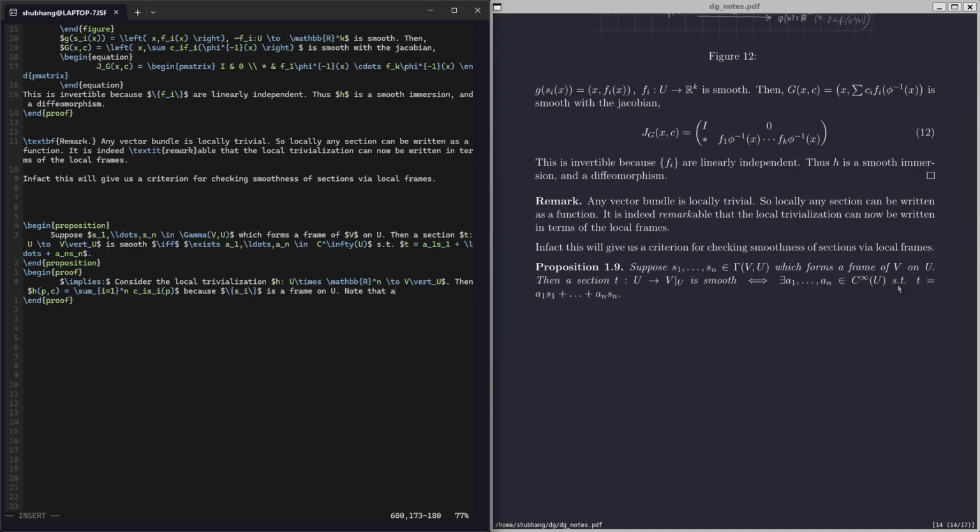Note that a section from U to U times R^k is given by S of P equals (P, a1 of P, ..., an of P).